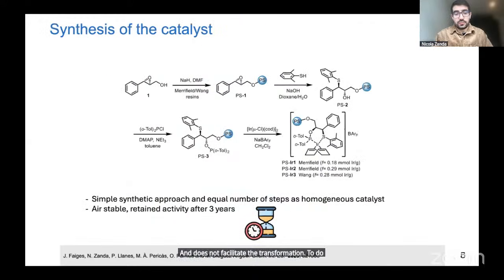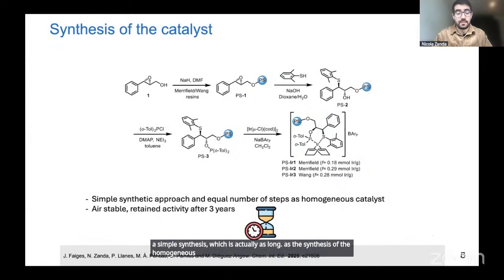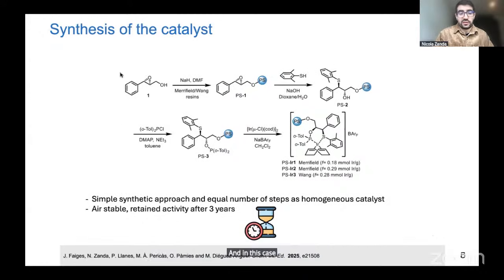To do this, we developed a simple synthesis, which is actually as long as the synthesis of the homogeneous catalyst. And in this case, you can see that we started from a chiral epoxide loaded into the resin by simply using sodium hydride in DMF, opened it with 2,6-dimethylthiophene, then simply attached the phosphine ligand, and then inserted the iridium to generate the catalyst.